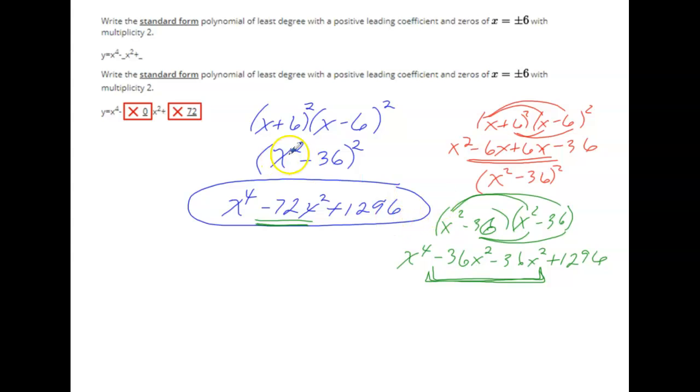So I would just take my first and last, multiply them, and double it. So negative 36x squared doubled is negative 72x squared in the middle there. So that's the difference of squares shortcut and the perfect square trinomial shortcut. So if you want to do the algebra out the long way, you certainly can, or you can use those shortcuts.